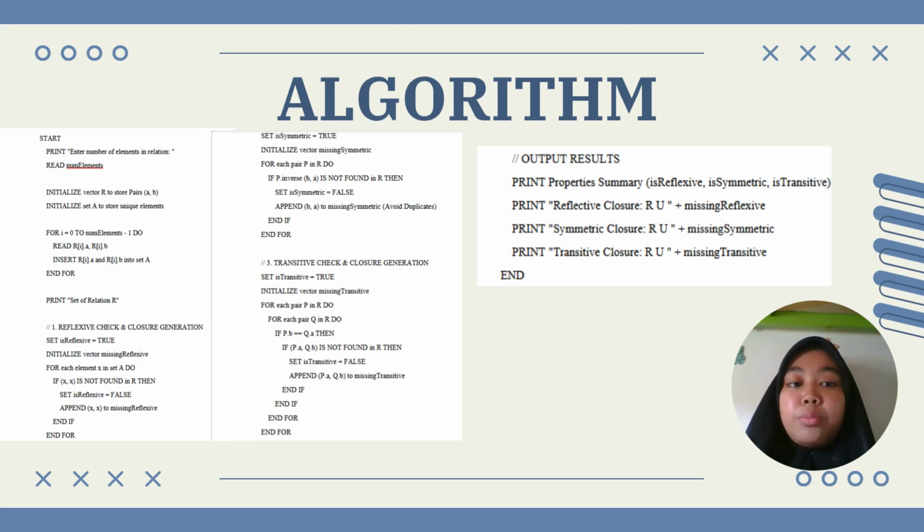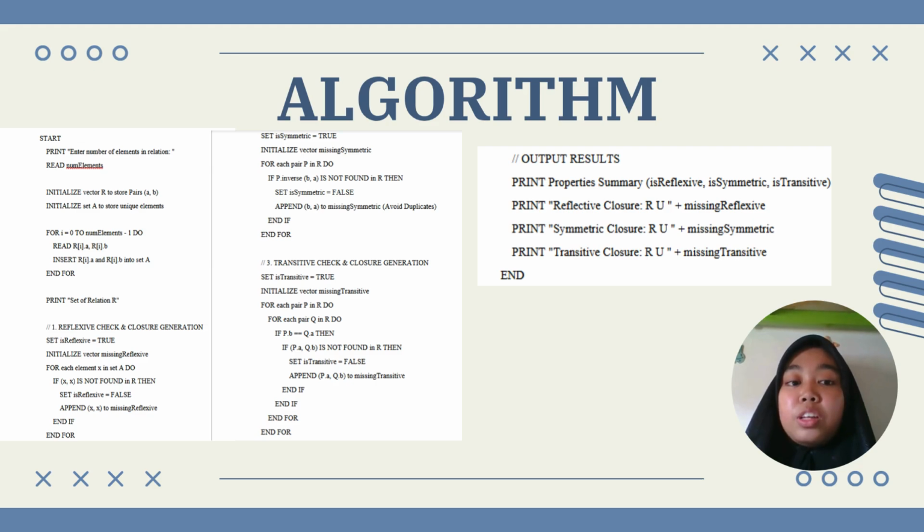To ensure our program evaluates the properties of relations accurately, we designed a structured logical workflow. Let me walk you through how the algorithm processes the data from start to finish. First, the program starts by requesting the user to input the total number of elements they wish to evaluate in the relation set.